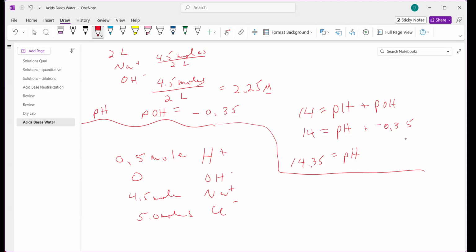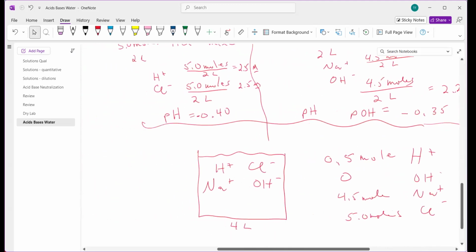All right, are we all on 14.35? Now that's very, very basic. Negative 0.4 is very, very, very acidic.